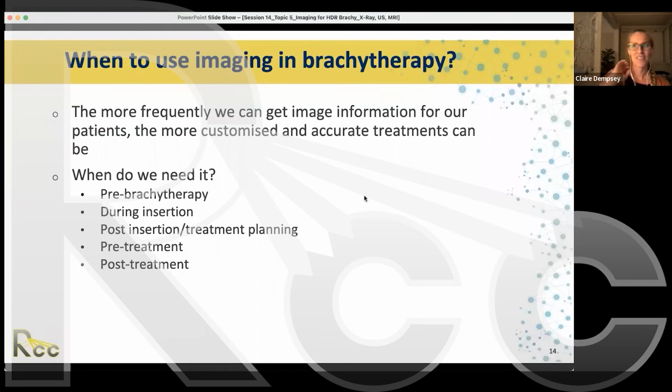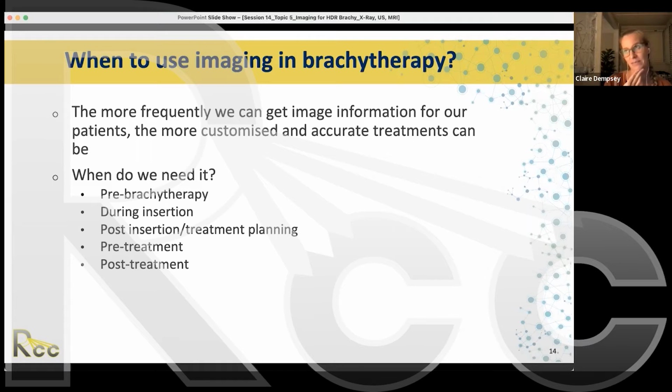All right. For the second part of the presentation, I'm going to talk about when we use imaging in brachytherapy, and what types of imaging are the best ones to use for each of these different stages. There are different moments during a patient's brachytherapy journey that we can use imaging.